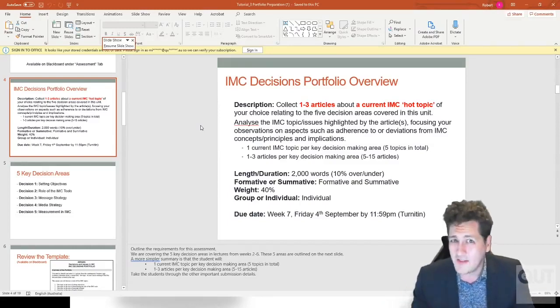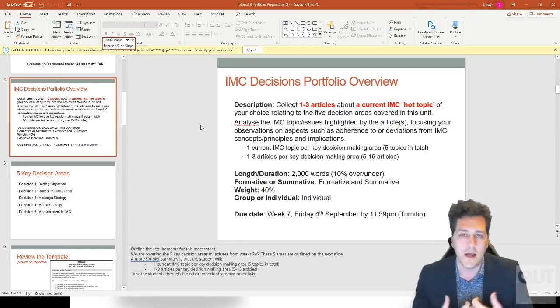I'd avoid anything that's more than 5 years old, because these last 5 years have been pretty hectic, right? A lot has changed in this world in the last 5 years. So, how relevant can it be if it's more than 5 years old? But if it's 3 or 4 or something like that, as long as the issue is still contemporary, as long as it's still important, that'll be fine.